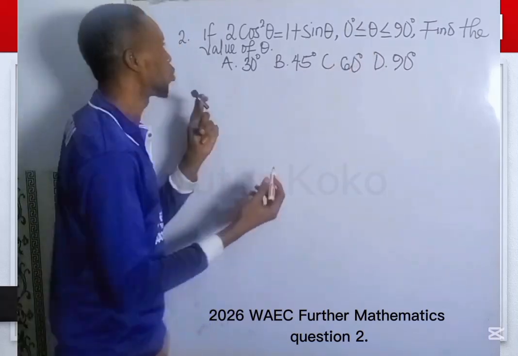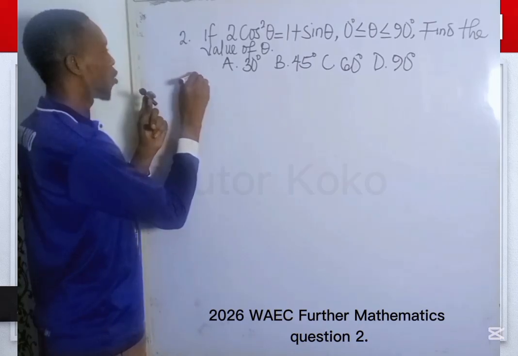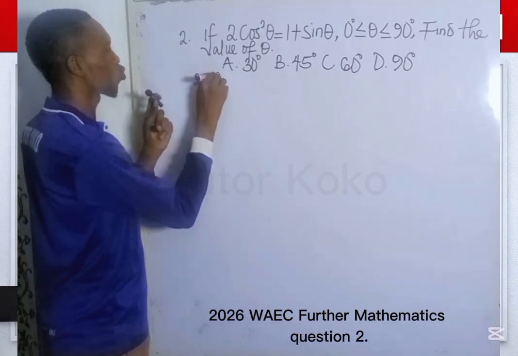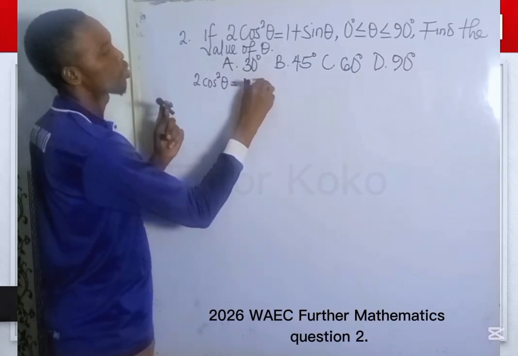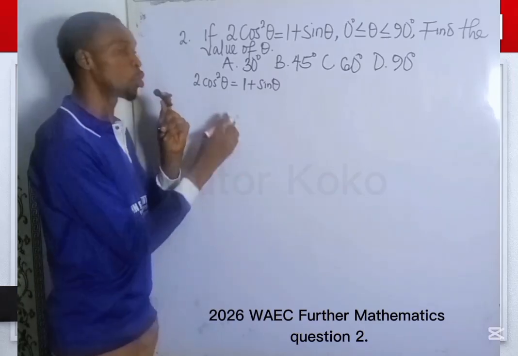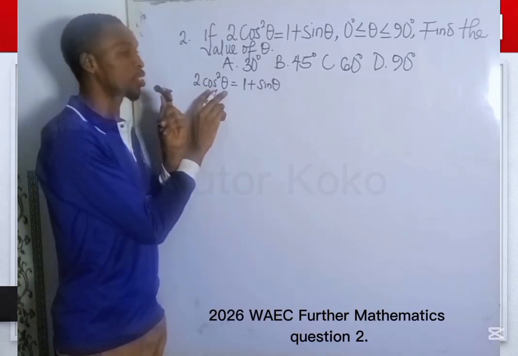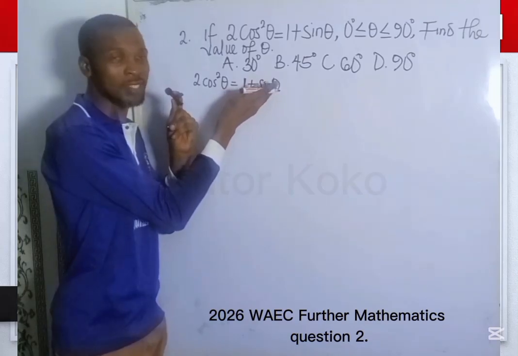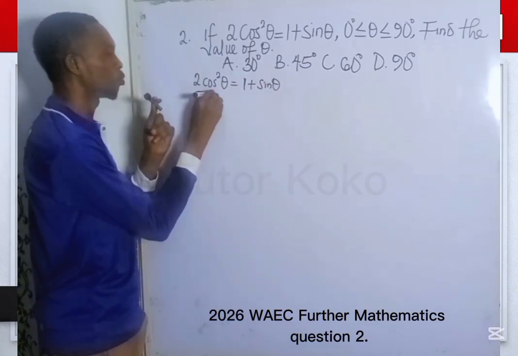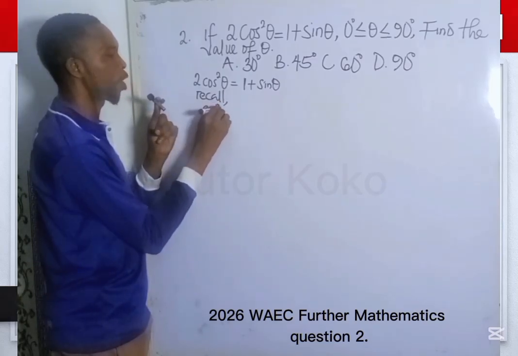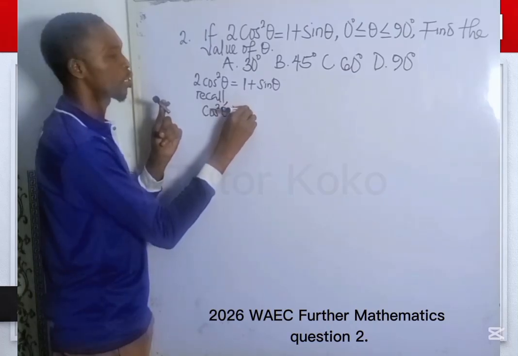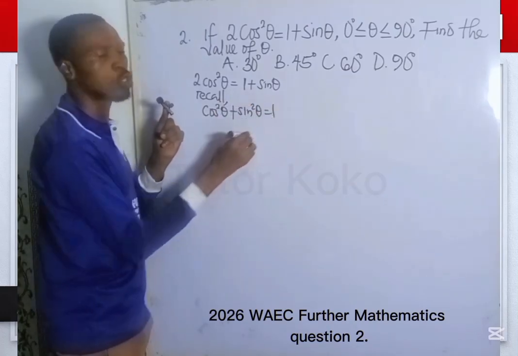So without wasting time, we have 2 cos squared theta is equal to 1 plus sine theta. I'm going to express cos squared theta in terms of sine theta. I'm going to recall that cos squared theta plus sine squared theta is equal to 1.